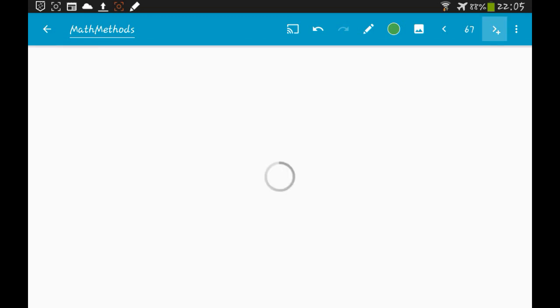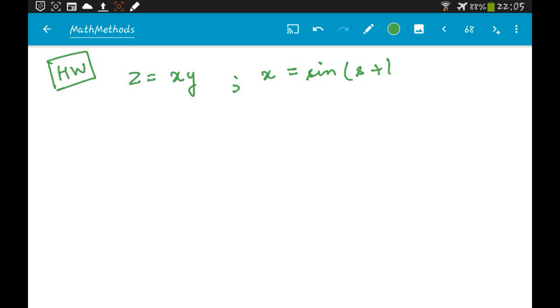Now I'm going to give you some homework based on this. The homework is z is equal to xy, x is equal to sin(s+t), y is equal to s-t.